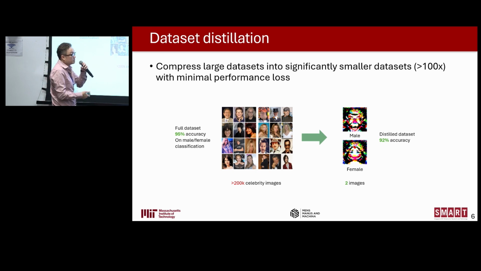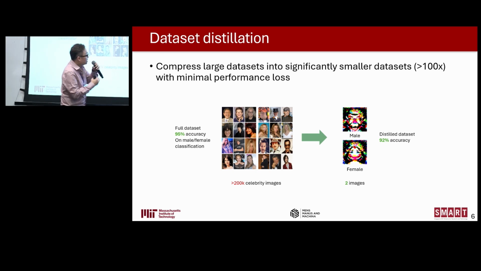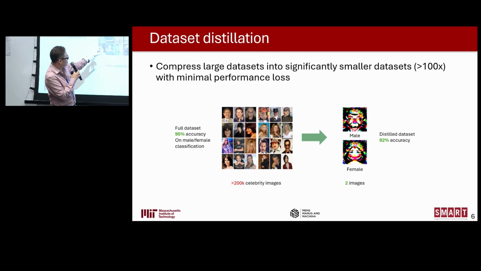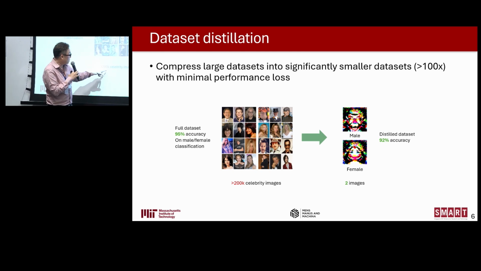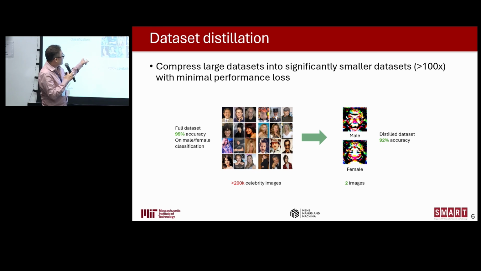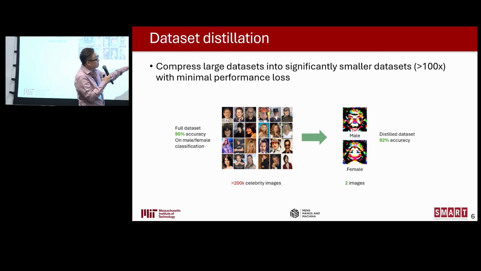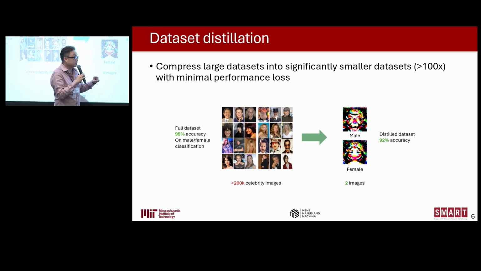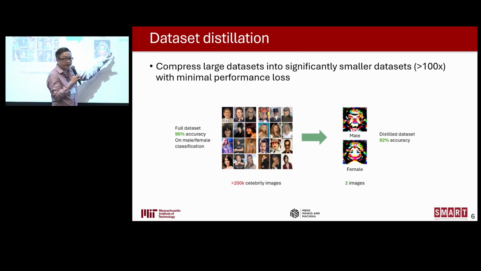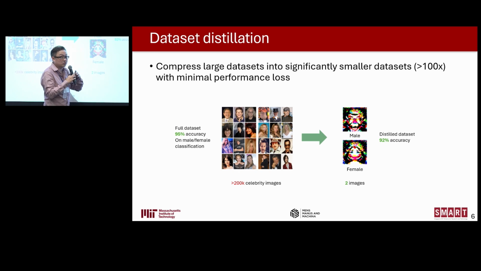This is one of the research efforts that our group has done. Imagine the case where this is a huge amount of images, beyond 200,000. Interestingly, even though these 200,000 images can give you 95%, if we distill to just these two images, it can already achieve a comparable performance of 92%.